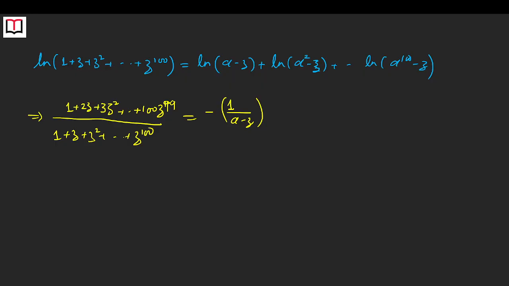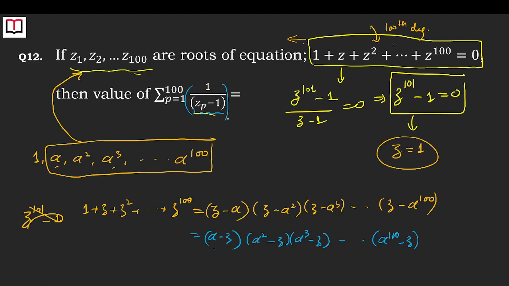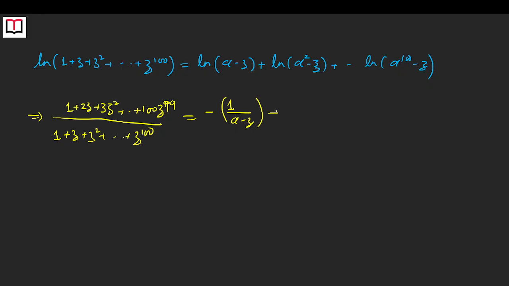To get what I need here, I should have used this form only. But in that case also, I would have got 1 upon z minus alpha. In any case, you'll get the same thing. So it will be minus 1 upon alpha square z2 minus z, and so on, minus 1 upon z100 alpha 100 minus z. Now put z is equal to 1.